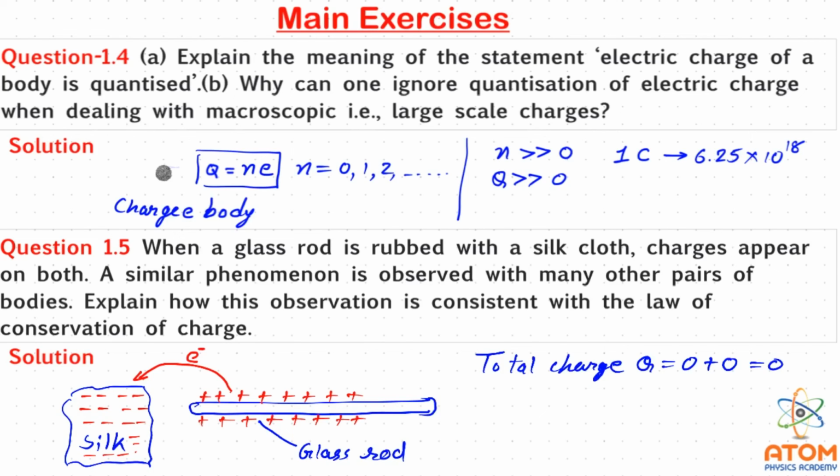Let us say it has some n number of electrons, so the charge will be minus Ne. Obviously those n electrons are transferred from this glass rod, so it will have plus Ne charge, because now n protons are in excess of the electrons.